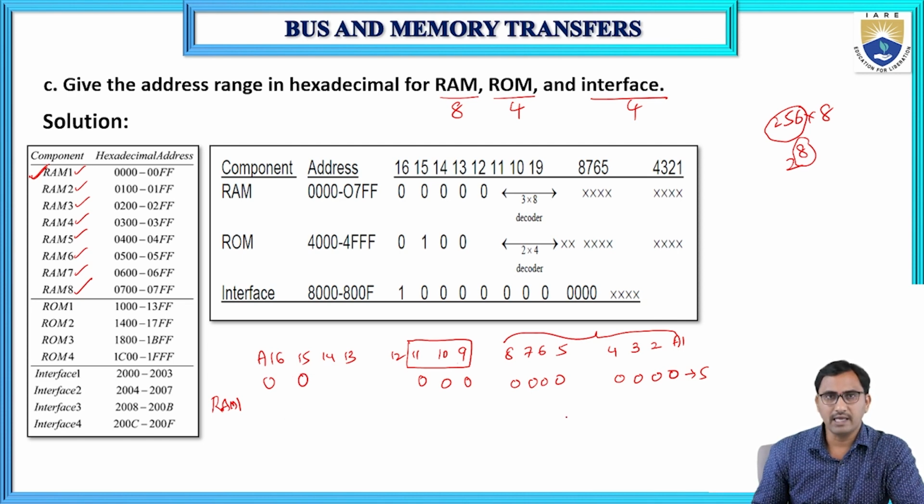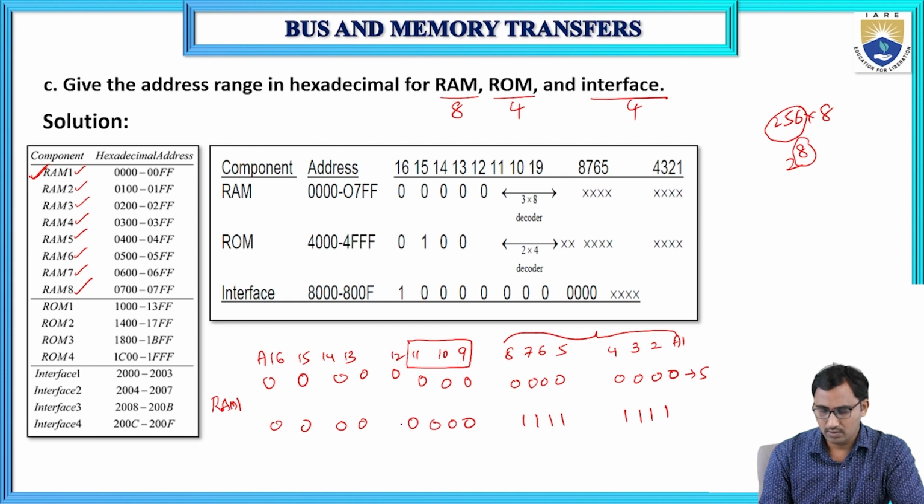For finding the ending address, the 8 address lines we take as all ones, and the remaining bits will be the same. So what is the address in hexadecimal?